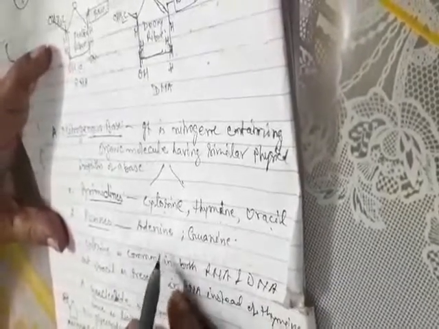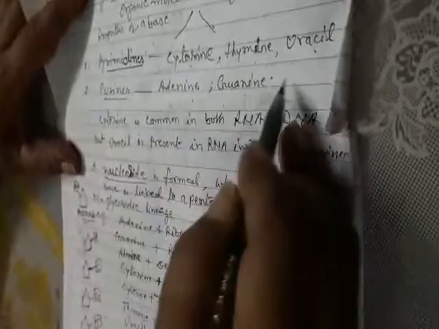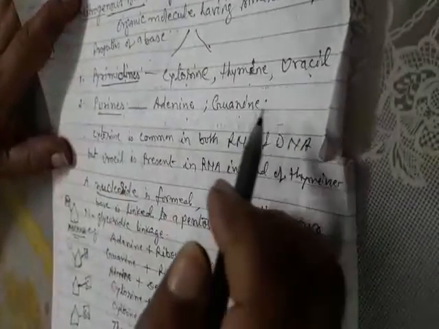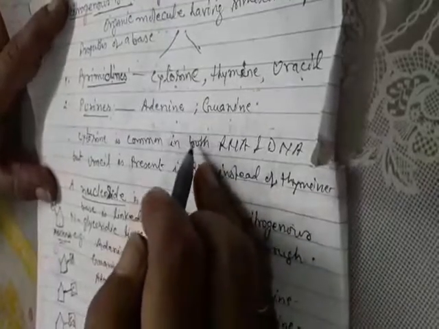Purines are adenine and guanine. Cytosine is common in both RNA and DNA, but uracil is present only in RNA.